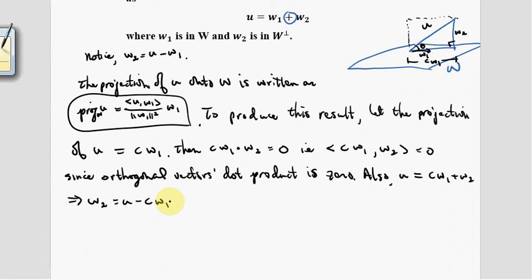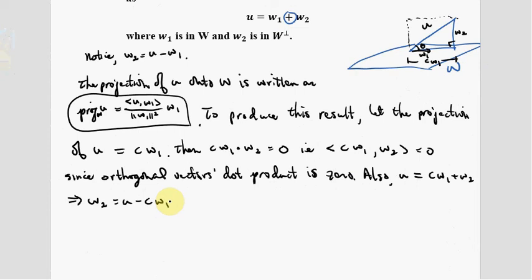The Gram-Schmidt process will ask us to find an orthogonal basis. An orthogonal basis is also orthonormal. And in order to get the orthogonal basis, that is, I don't want vectors in W, I want vectors in W perp.